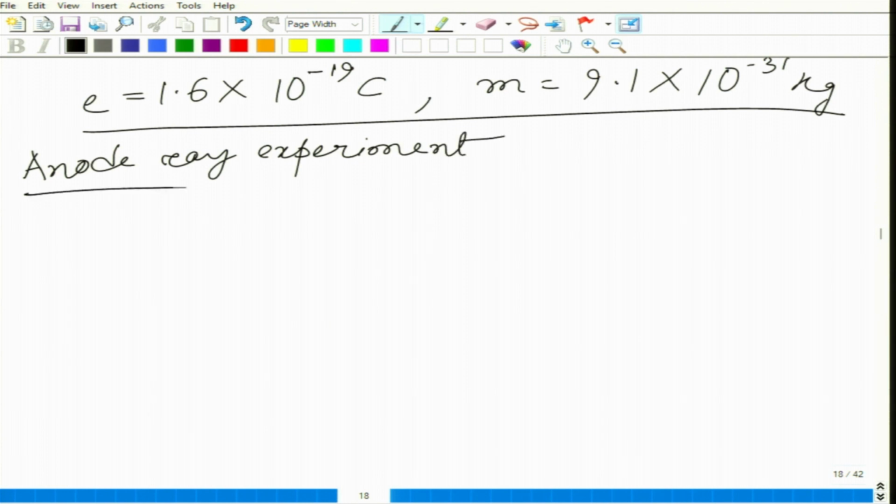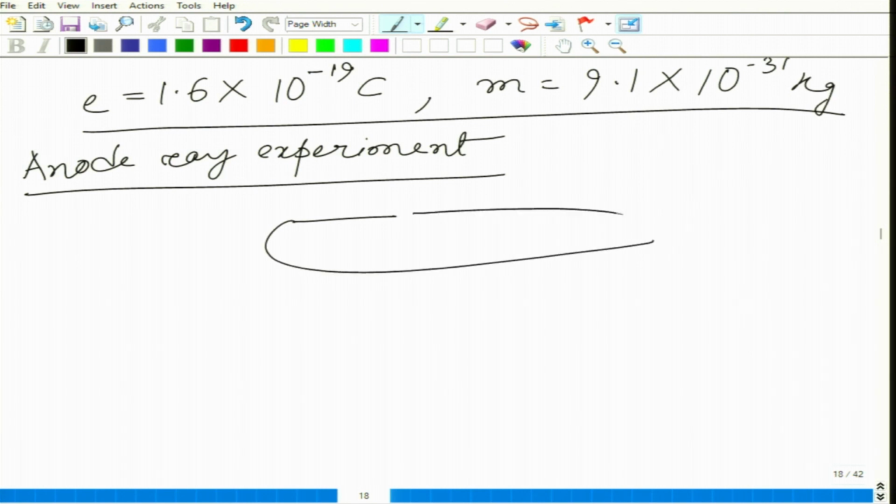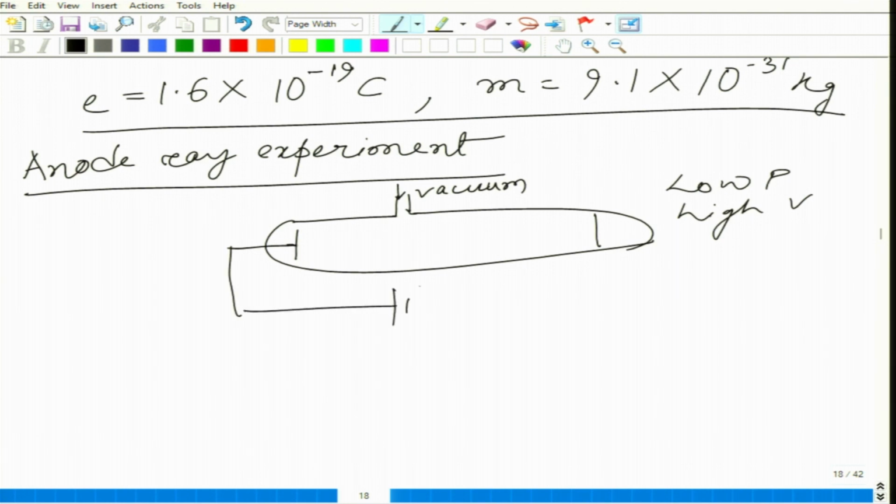Anode ray experiment. What happened here? A similar setup was formed with a glass tube and vacuum, low pressure and high voltage, and the cathode and anode were set up with a battery.